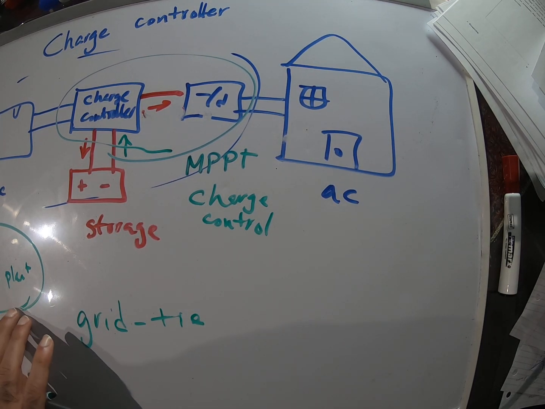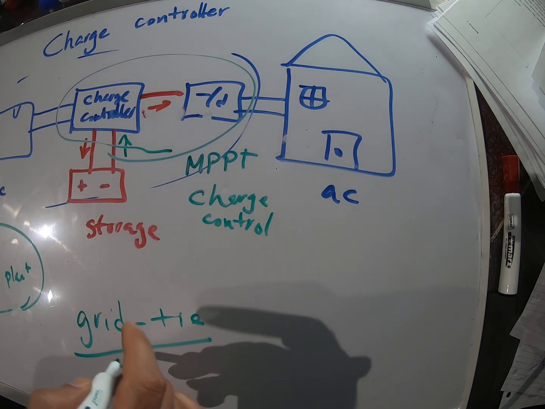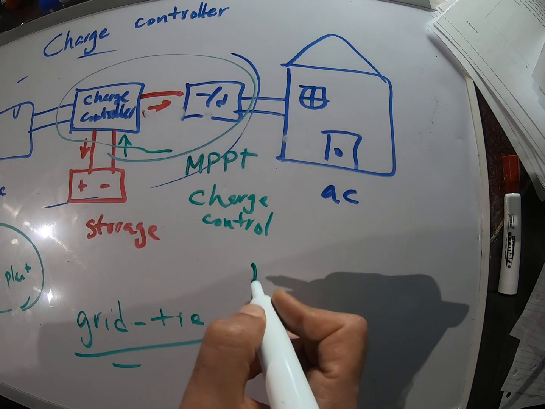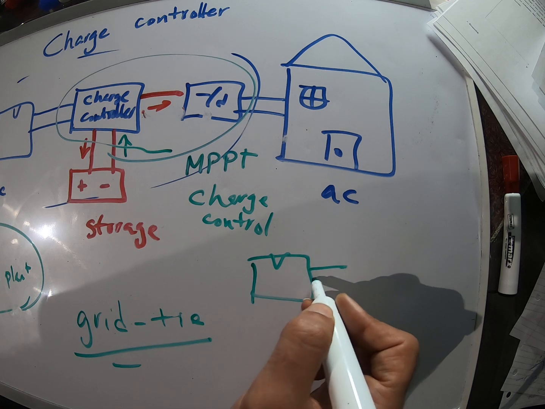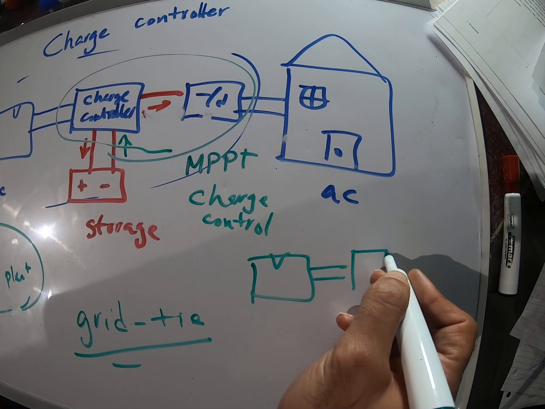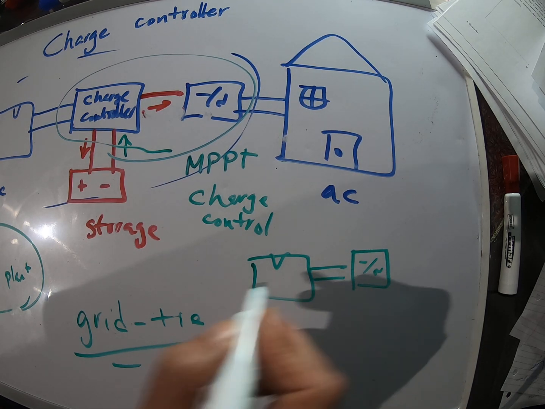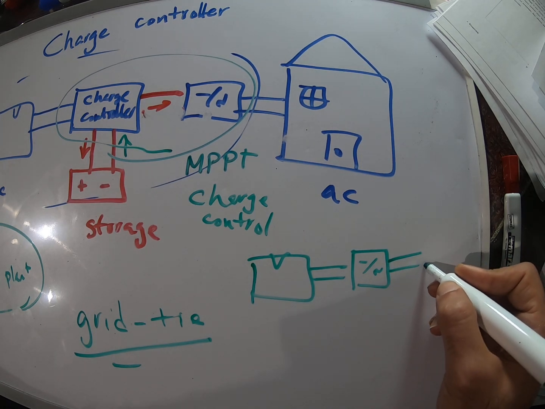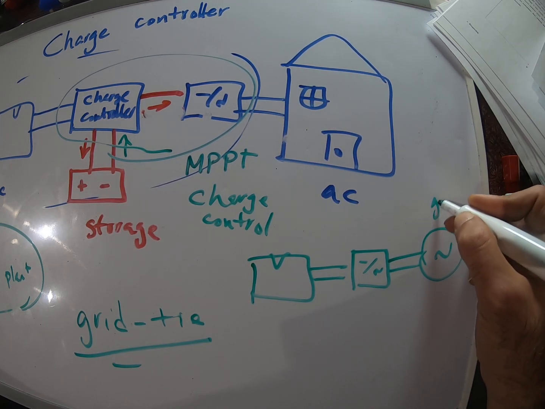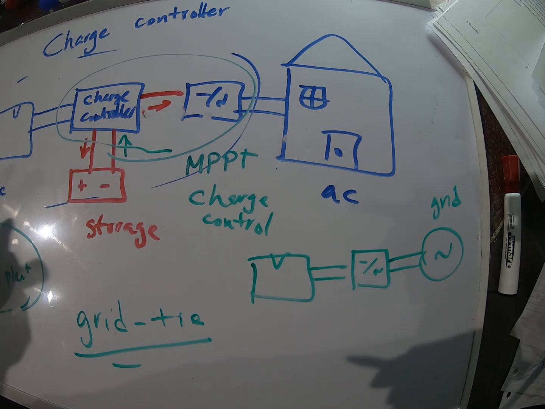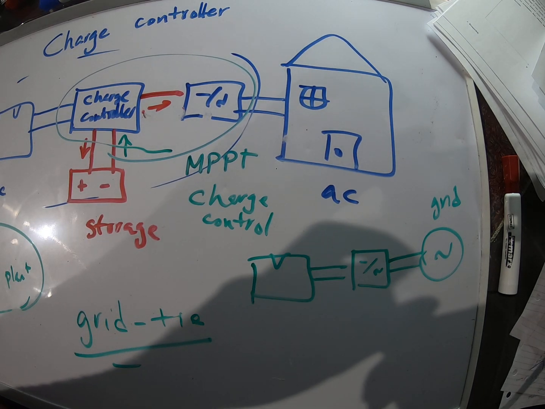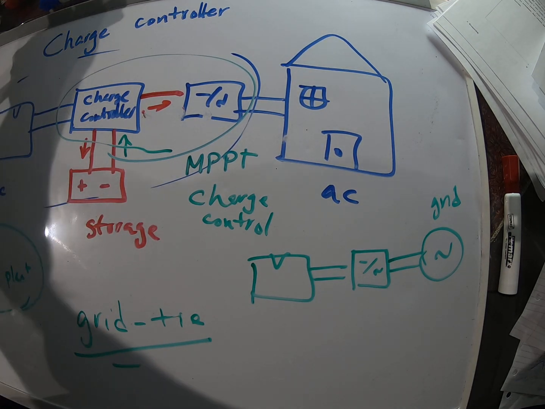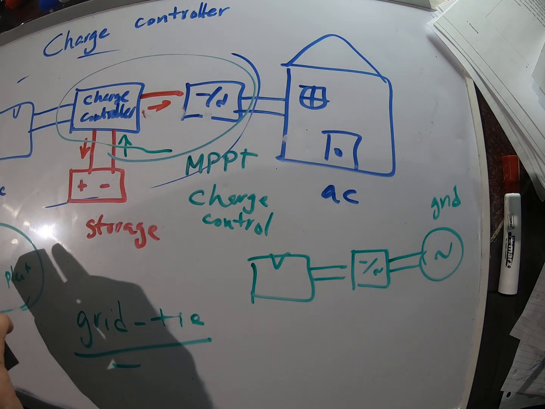So in that case, this is called a grid tie inverter. So you have a solar cell, it goes to an inverter, and here it goes to the grid. Okay, so that's what I wanted to talk about for the charge controller.